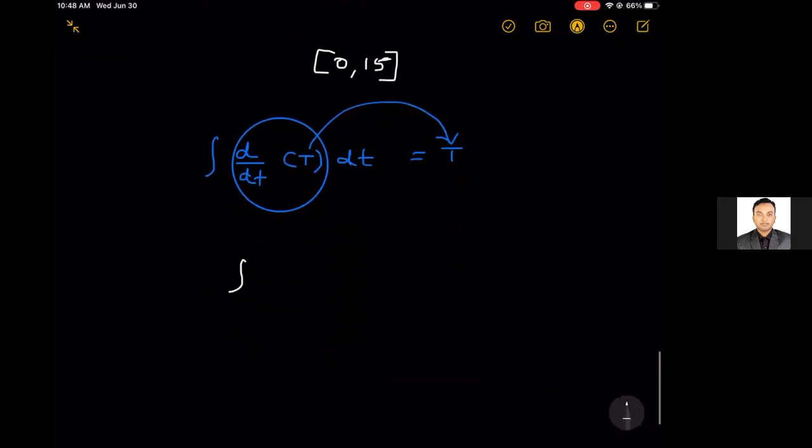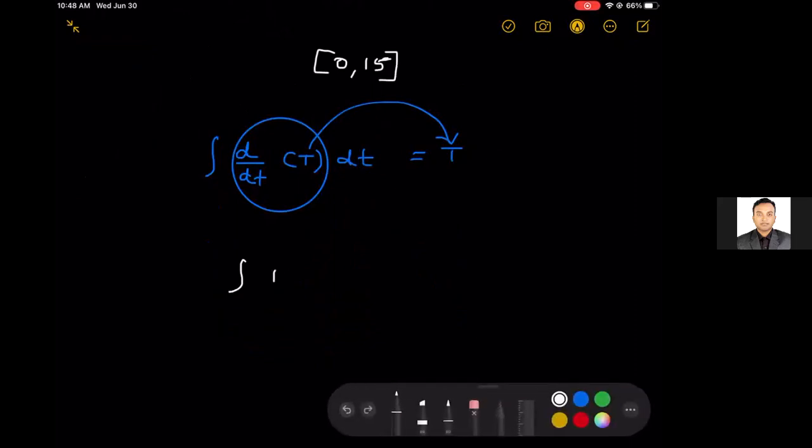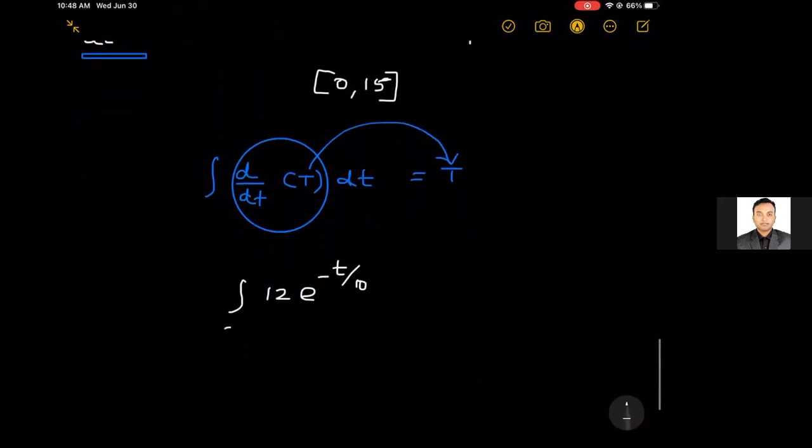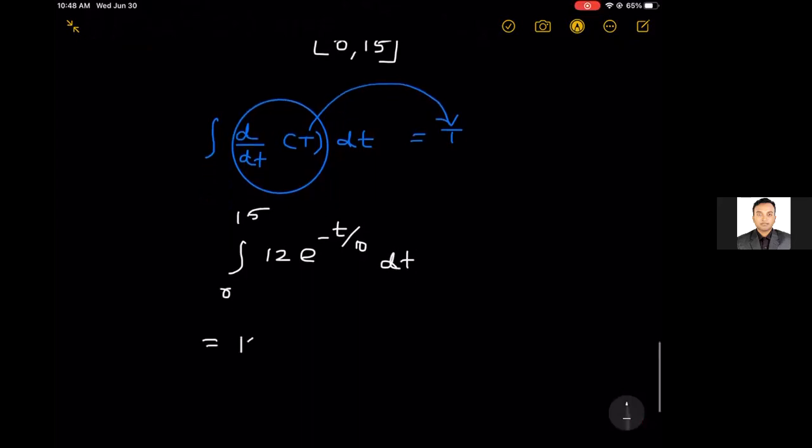So we're looking for, instead I think I can plug in the function itself, which is 12e to the negative t over 10. And of course, we'll want to find it from 0 to 15. Okay. We can keep the 12 outside. What's the antiderivative, I would say, of e to the negative t over 10?